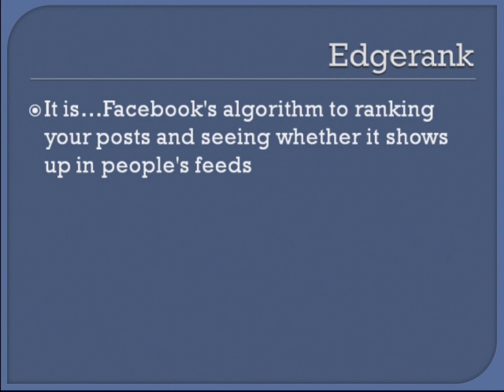No one really knows exactly what EdgeRank entails, but you know what Facebook's goal is, which is to provide a good, quality experience. Now, how do you know if a post has a good experience? If some posts get a lot of shares, a lot of likes, a lot of comments, that tells Facebook, hey, this specific post is being recommended by a lot of people.